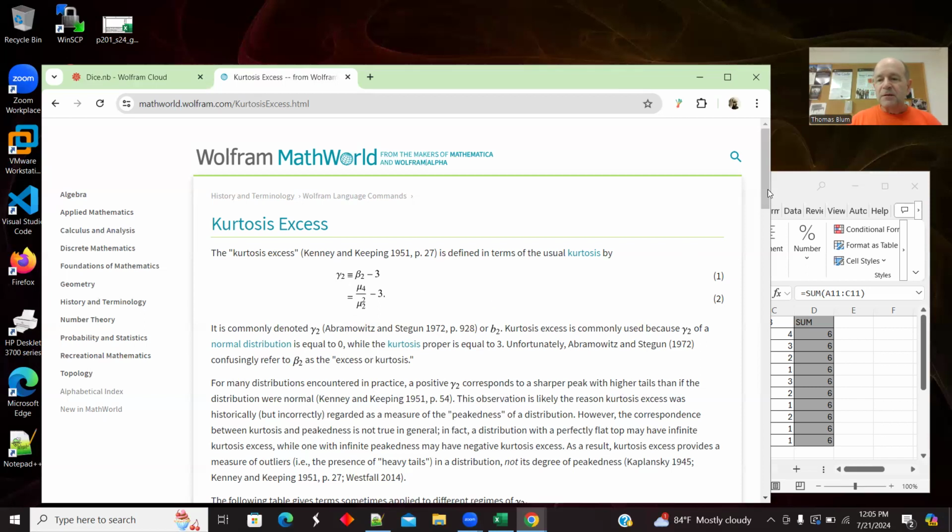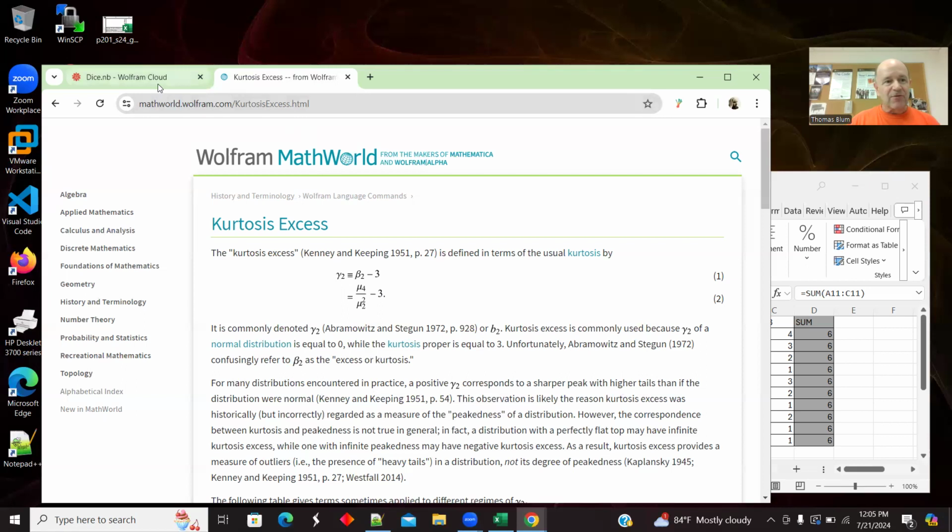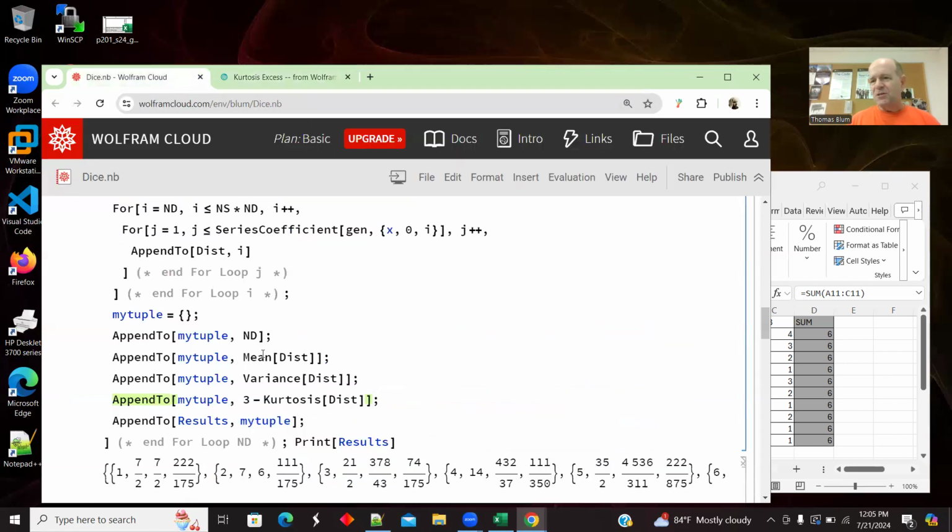I called it, I don't know, the deficit or the deficient kurtosis instead of the excess kurtosis, but I just wanted to point that out. Okay, so I'm doing 3 minus the kurtosis. Again, they usually subtract 3, kurtosis minus 3. I'm doing 3 minus kurtosis just because I wanted positive numbers and for no better reason than that.